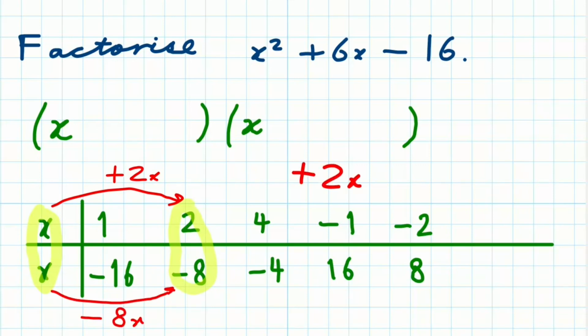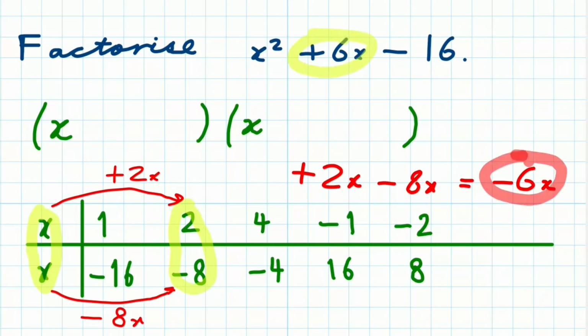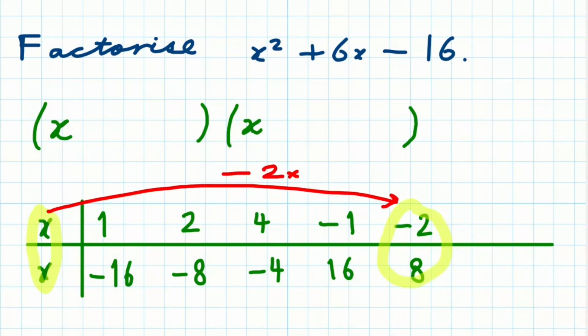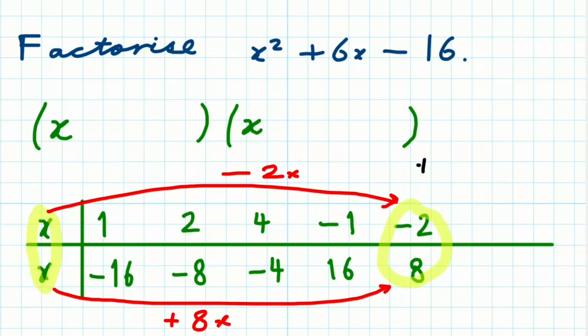Add those together, you get minus 6x. Close. We want plus 6x. That doesn't actually work. Just going to skip the next two because minus 2, 8 is very close, and if we try that one, it should work. X times minus 2 would give us minus 2x, and x times 8 would give us plus 8x. Add those together and we get plus 6x.